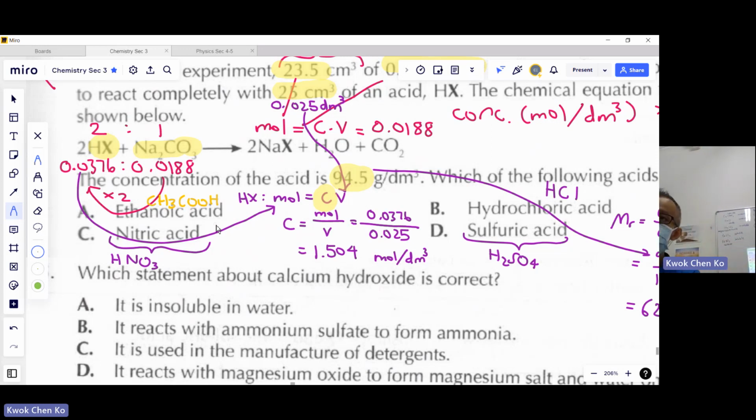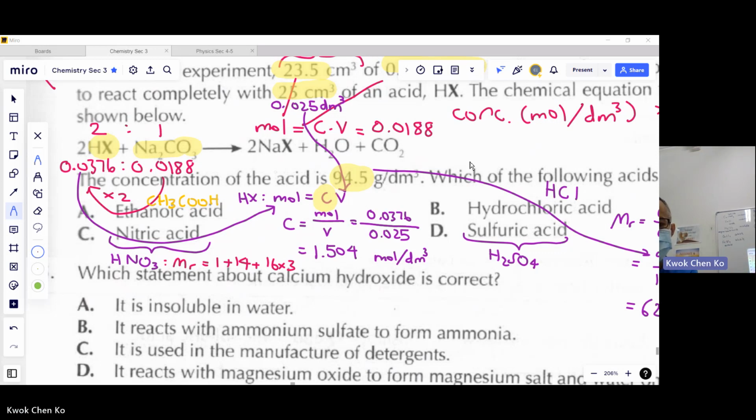So which one has the closest MR? If I try nitric acid, what do I get? Nitric acid MR equals 1 plus 14 plus 16 times 3. What do I get?